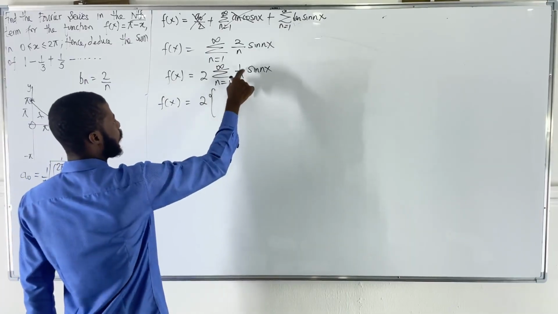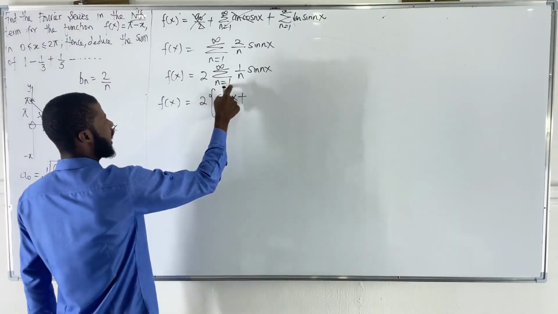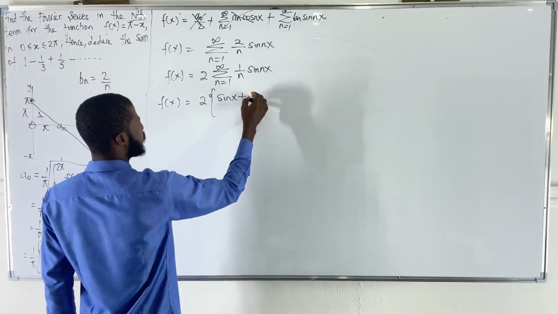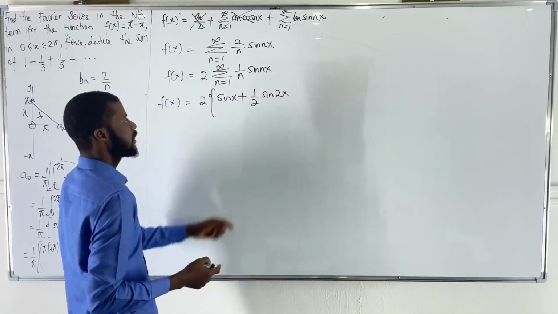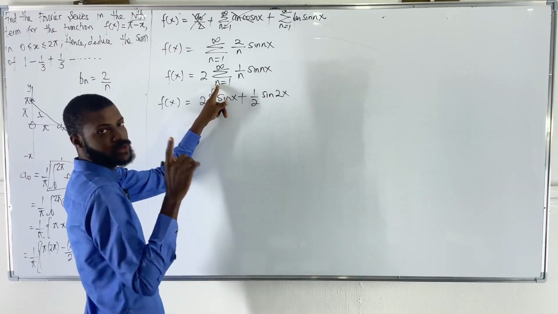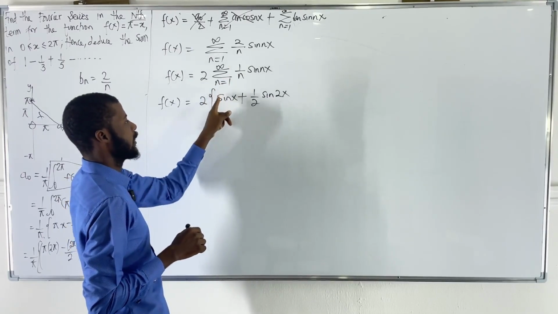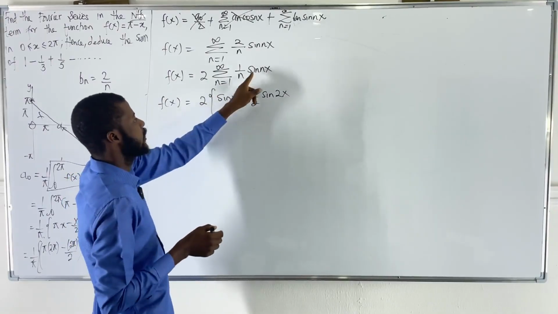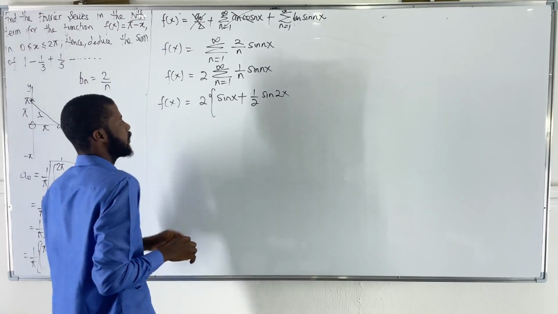Now when n is equal to 1, this will just be sine x. Plus, when n is equal to 2, this will be 1 over 2 sine 2x. What I'm basically doing is, anywhere you see n, you put the number. So the first thing I did was to put 1. So 1 over 1, that's 1, which you shouldn't write. Then sine 1x is the same thing as sine x, so it's not really necessary.